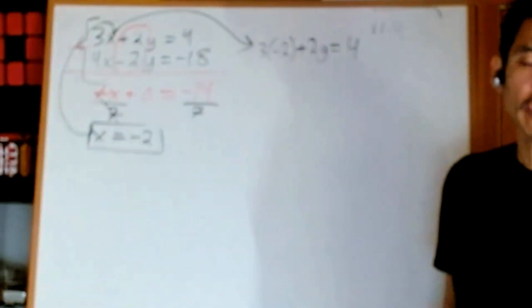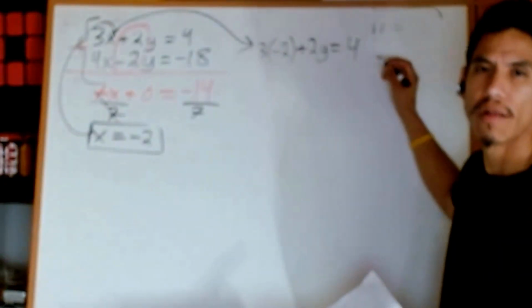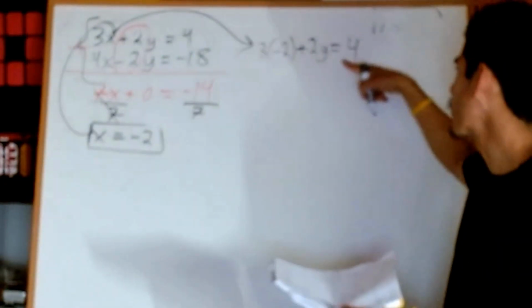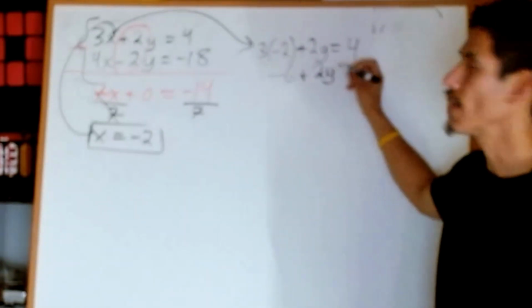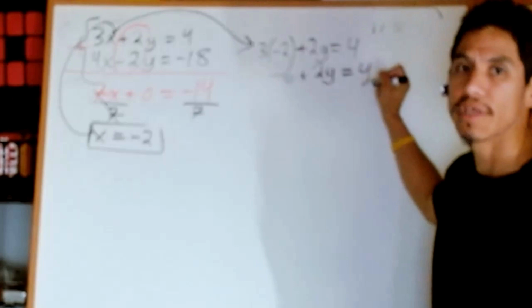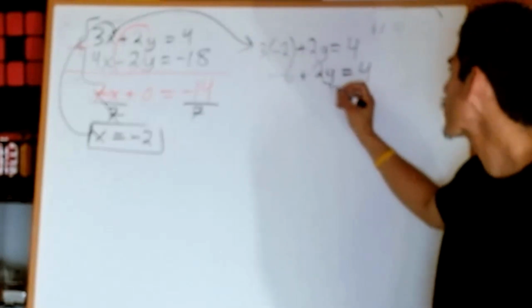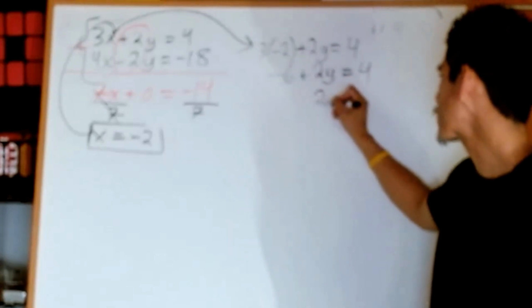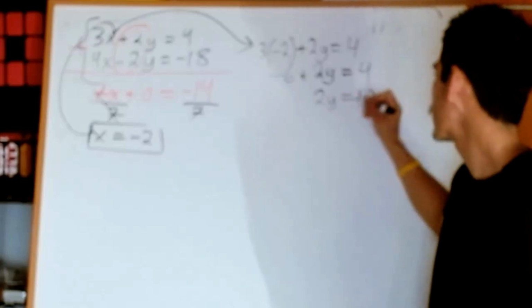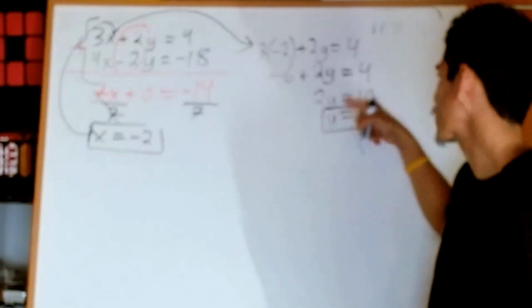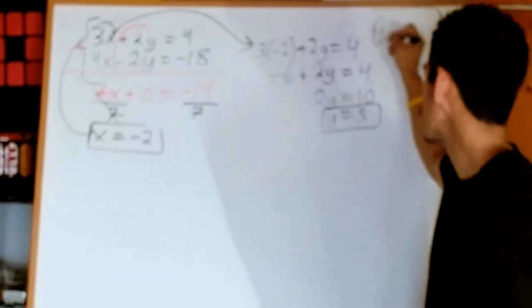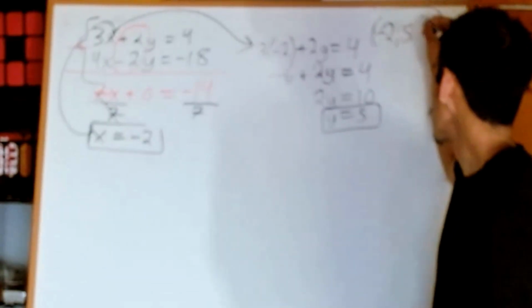And then we get negative 6 plus 2y equals 4. And then we add the 6, and we get 2y equals 10. And then y will be 5. And so our solution will be the point negative 2, comma 5.